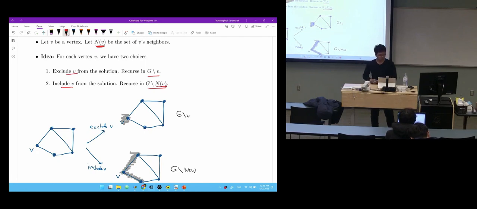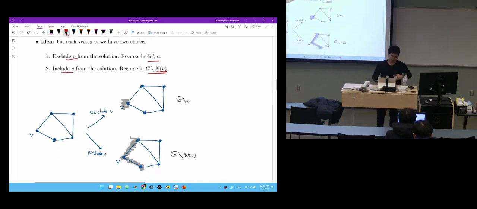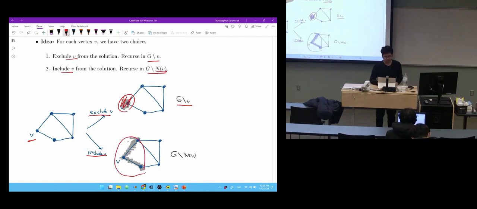Okay. So this is the 2 choices you can make for any vertex V. If you exclude V, you just exclude it from the graph and recurse on G minus V. If you include it, just know that you can exclude everything else that is adjacent to V, and now recurse on G minus N(V).